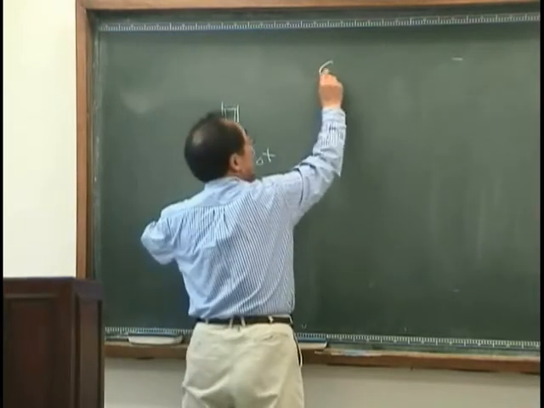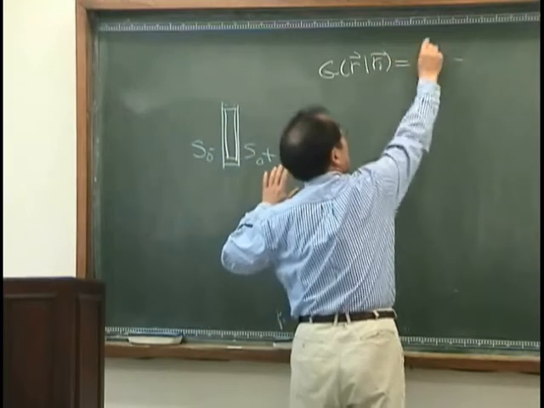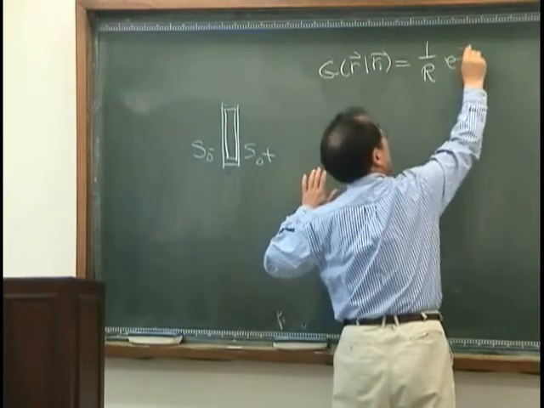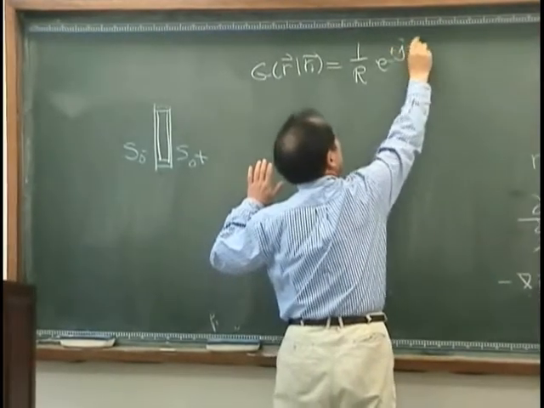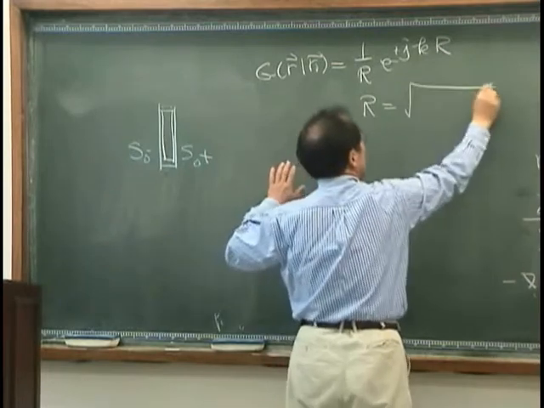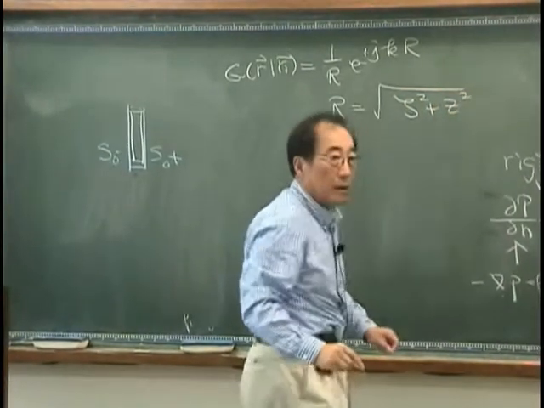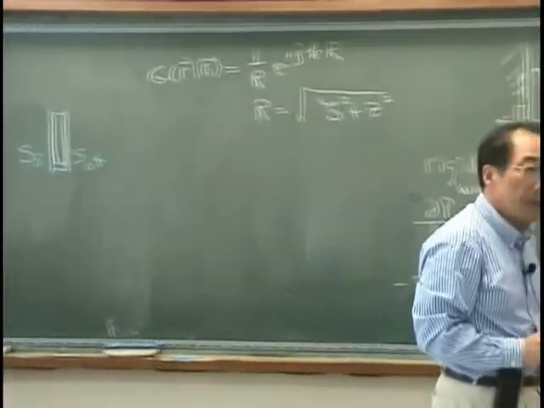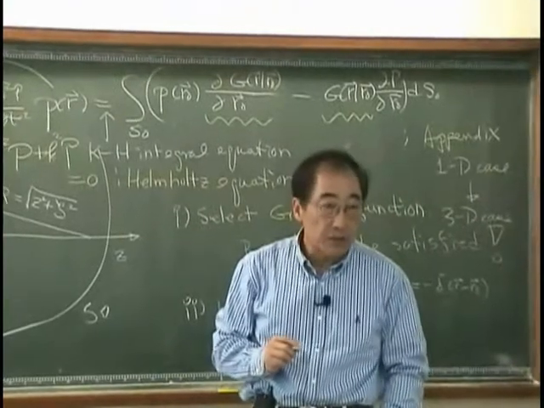And we select Green's function. And the R, right? We select that as a Green's function.